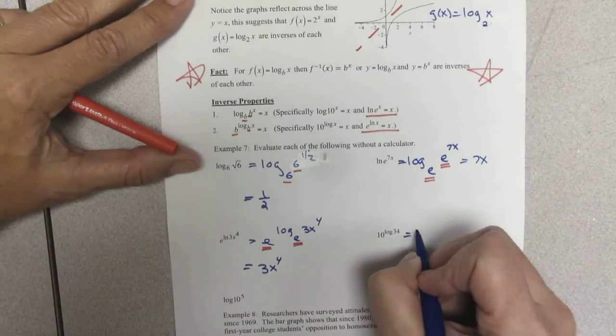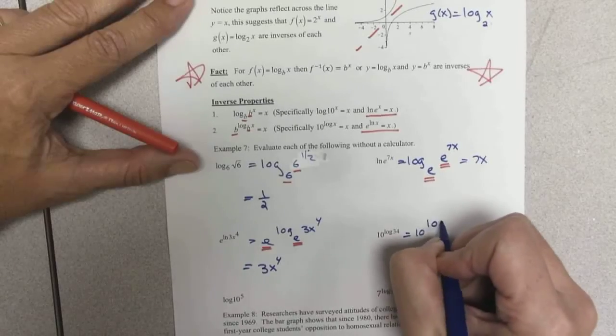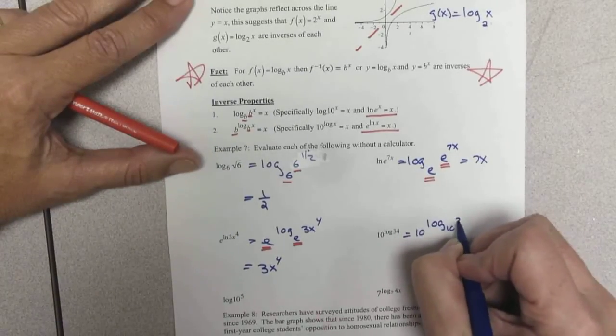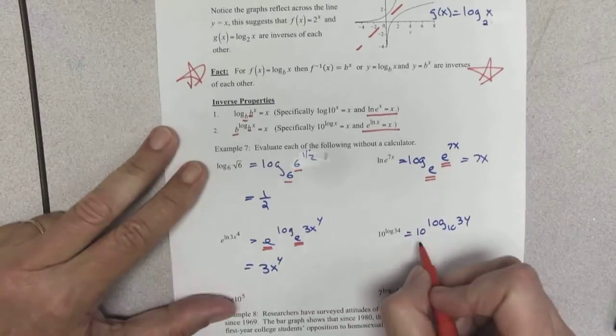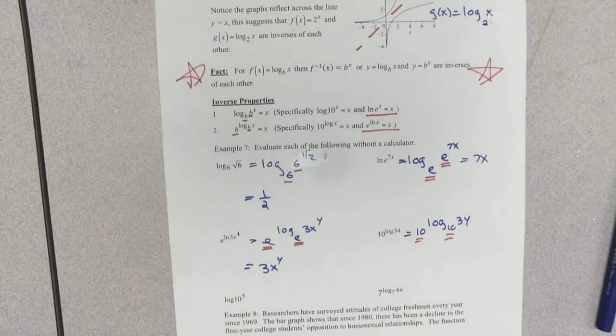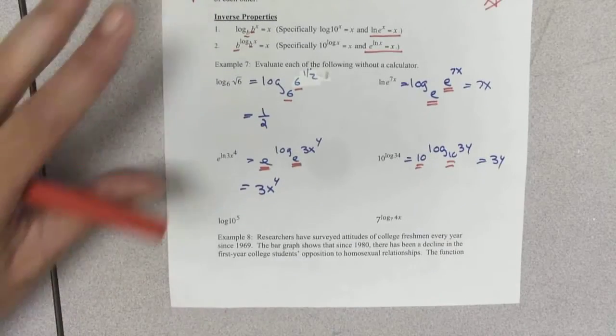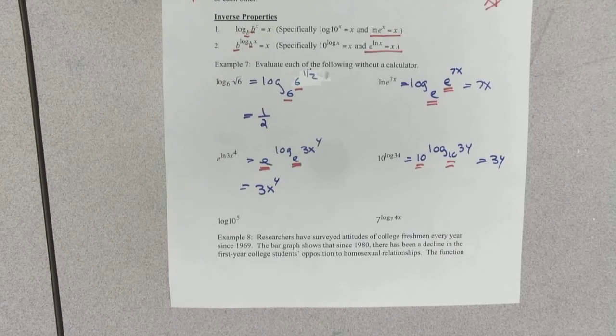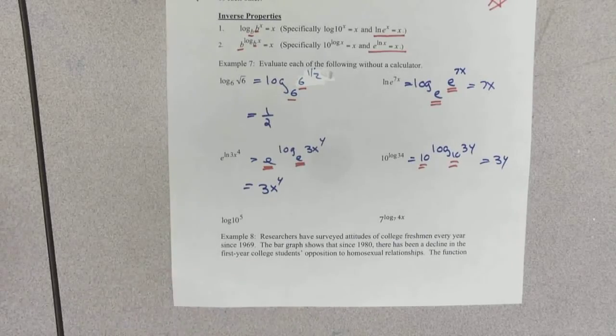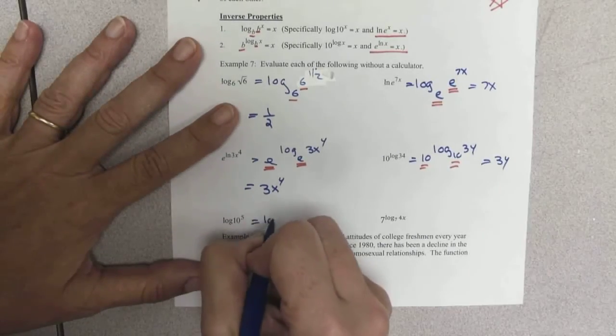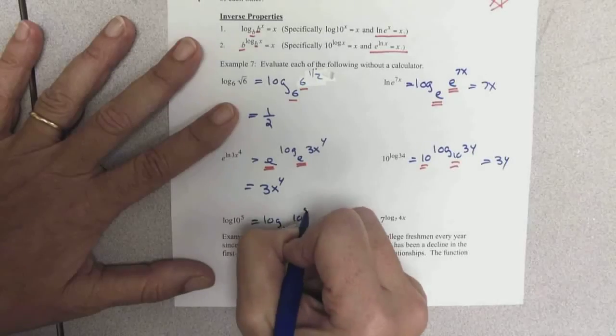Same thing over here. That's 10 raised to the log base 10 of 34. Again, matching. They cancel, and I get 34. Same thing here.